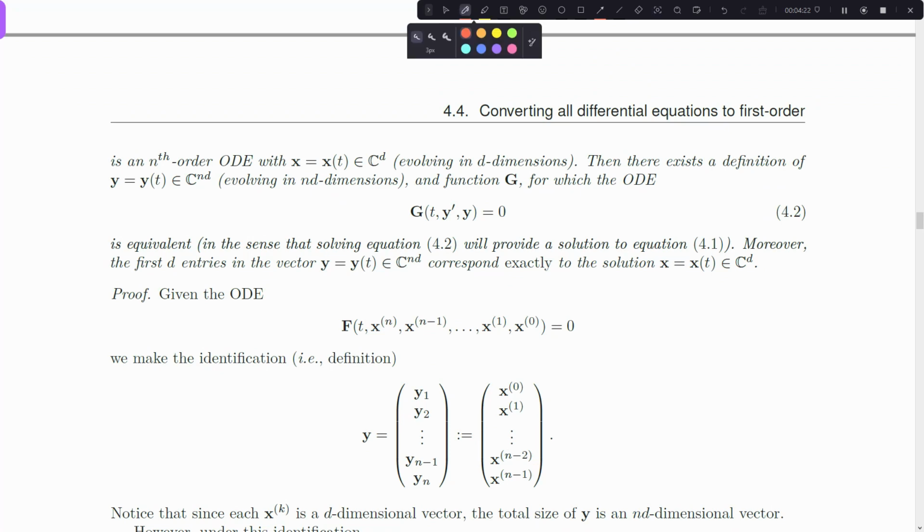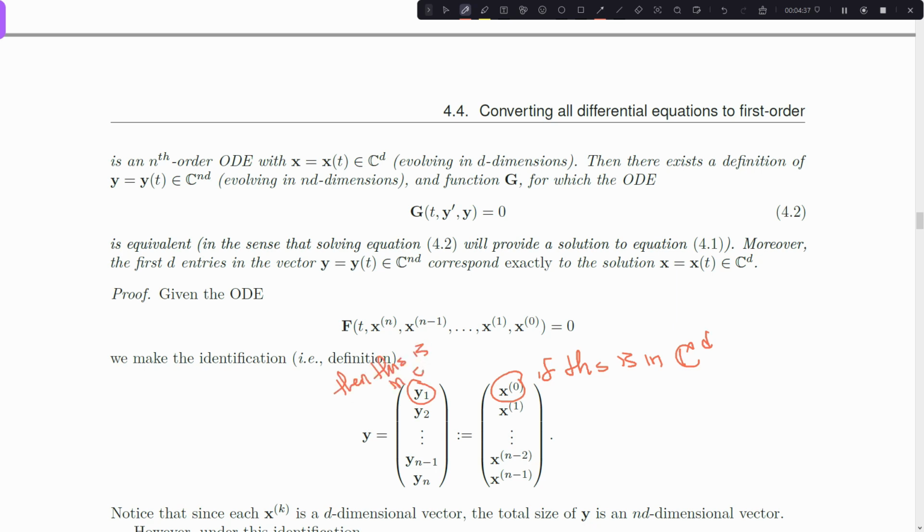Now, we have to keep in mind that this is in d dimensions. So really, it looks like this is a vector of length n, but if each entry in the vector is actually d variables long, or d dimensions long, the entire vector actually has length nd.